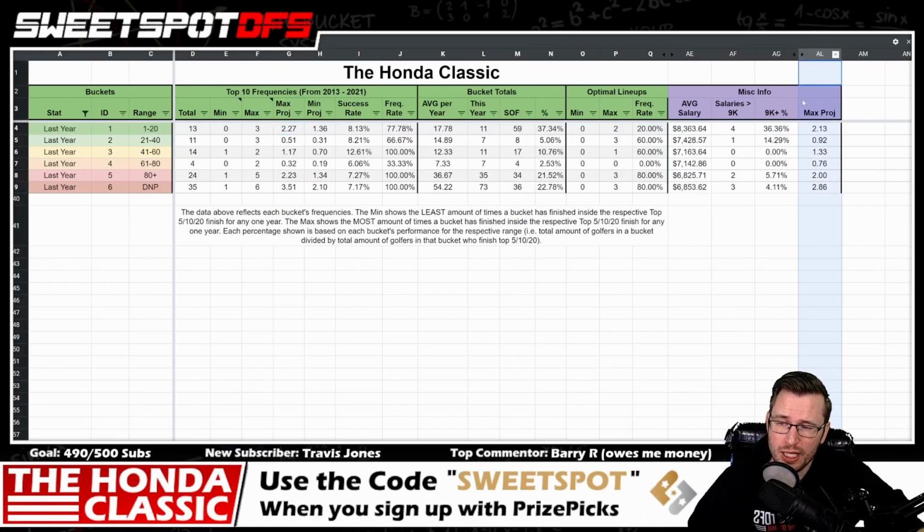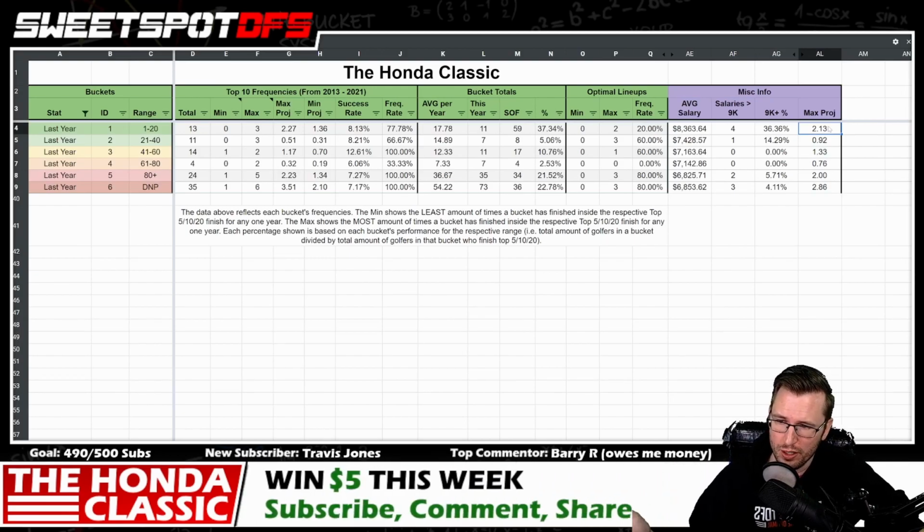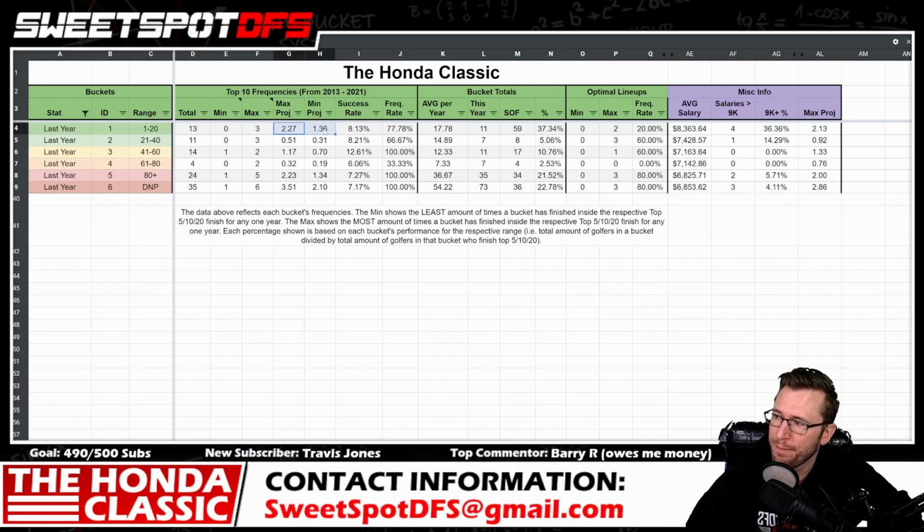And I also like to look at this max projection over in the miscellaneous information because I'm including the sweet spot ranks into here as well. I round up from here as well. Now, remember, I want a 2-point buffer. I always want a 2-point buffer between max projection and minimum projection. It's just the best way to do it. It's what I found out to be the best way.